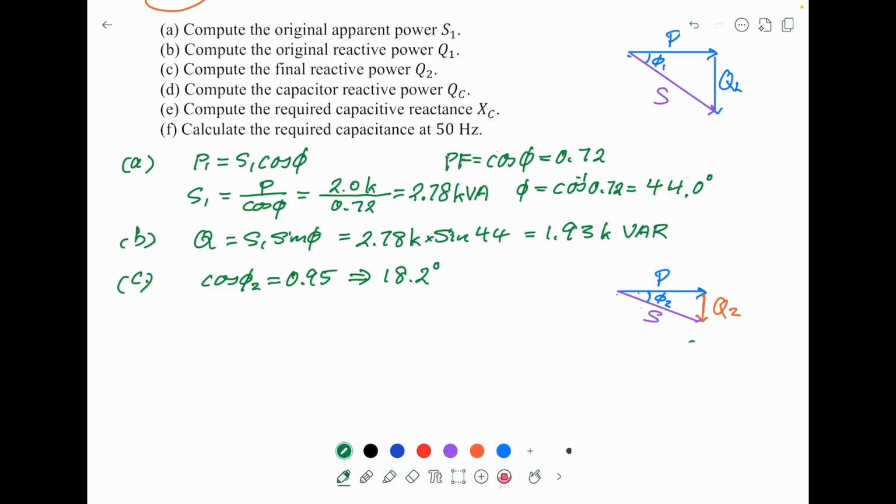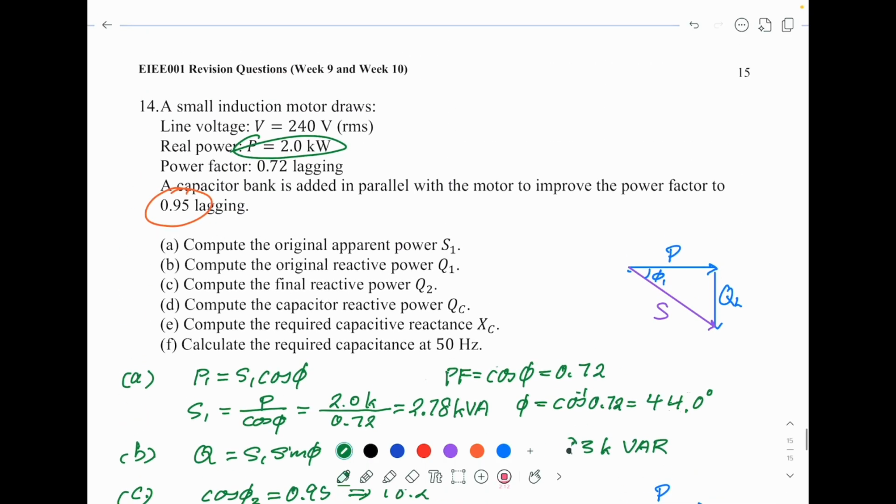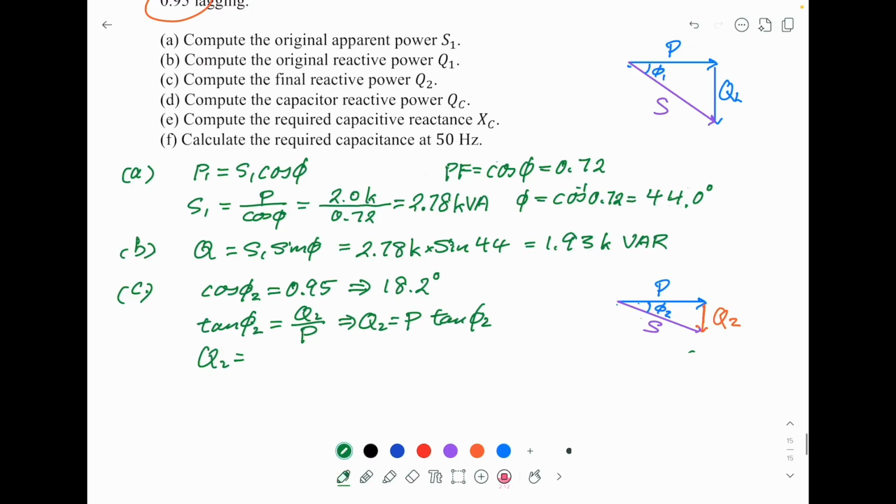Also, from the power triangle, we can say tangent phi 2 equal to Q2 over P. So Q2 equal to P tangent phi 2. So Q2 equal to 2.0 K times tangent of the new angle, and it is equal to 657 VAR.